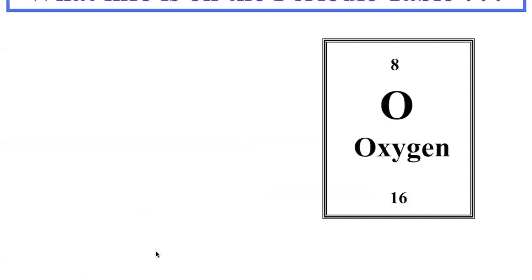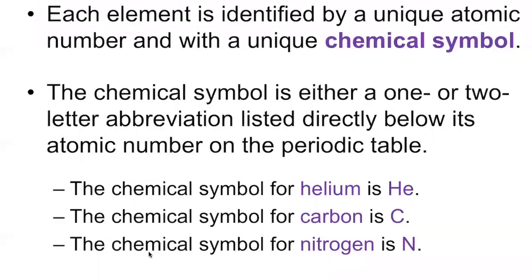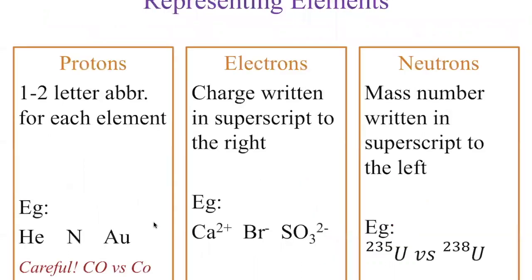Here's your periodic table that you should have handy every exam. Notice here we have helium, He, carbon, capital C, nitrogen, capital N. Notice that these are the different elements.